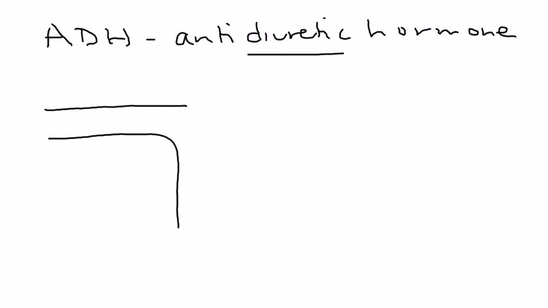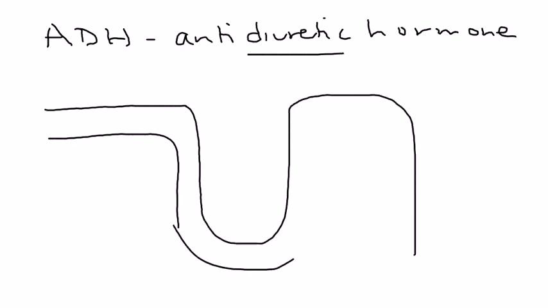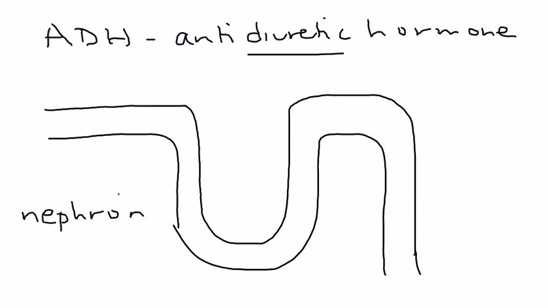So let's draw a diagram here to illustrate this. This is a diagram of the nephron, which is the unit component of the kidney. There's 1 million of them or more in the kidney. ADH works on this part of the nephron, which is known as the collecting duct.